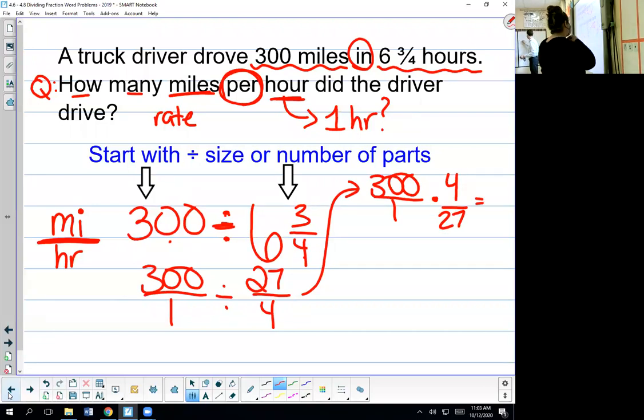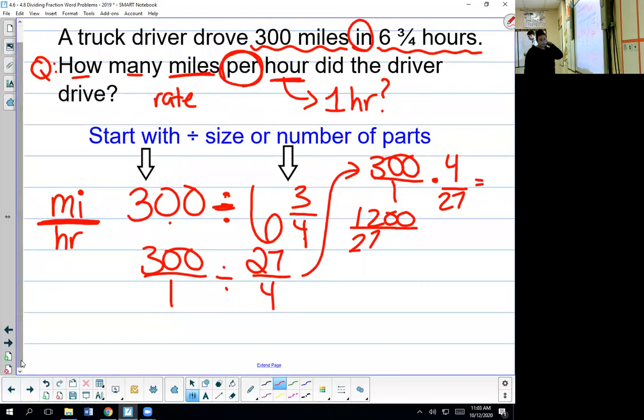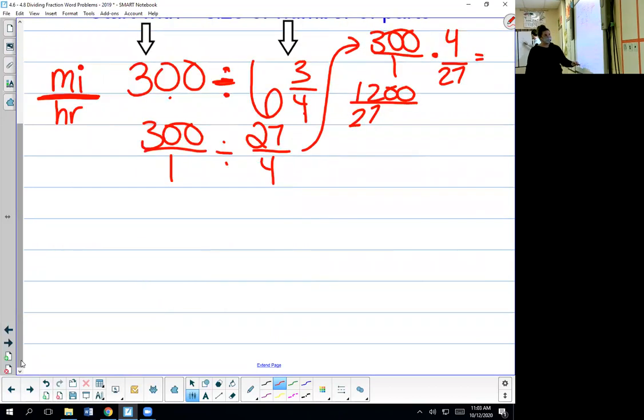You can use my trick with the zeros. This is 1200 divided by 27. And you simplify it. That's correct though, honey. That is correct. There's a common factor they share. So 1200 divided by 27.